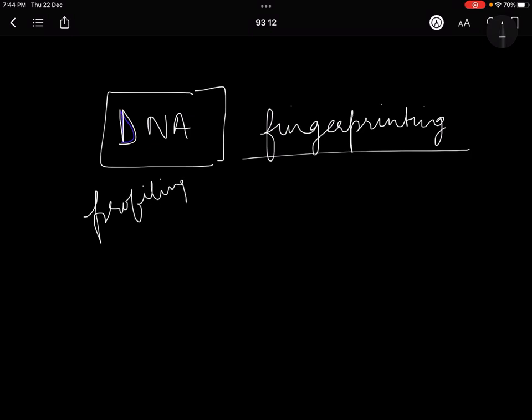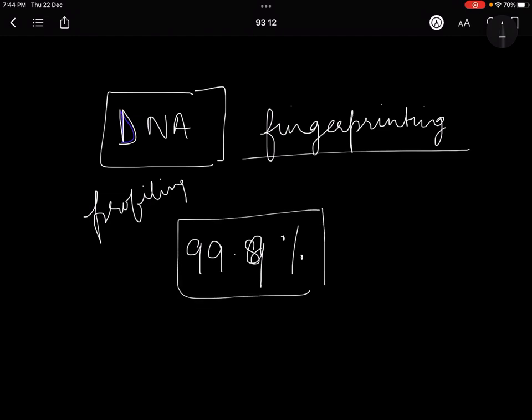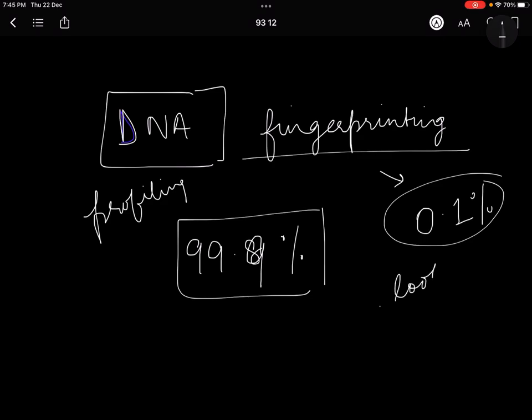That means every human has a unique DNA, right? But it is not entirely true, because 99.8, or you can say 99.9% of each person's DNA is the same. So there is a 0.1% difference, and if even this 0.1% were the same, we would have been like maybe some animals or other individuals who look alike, right?